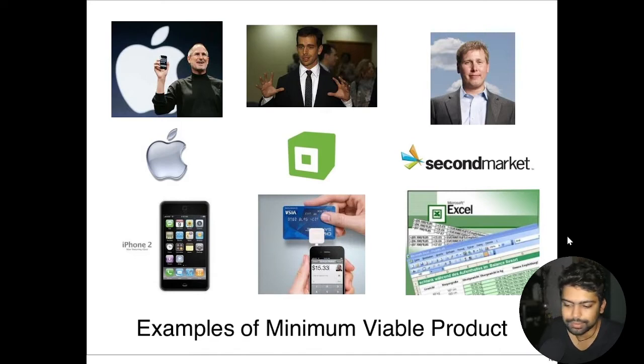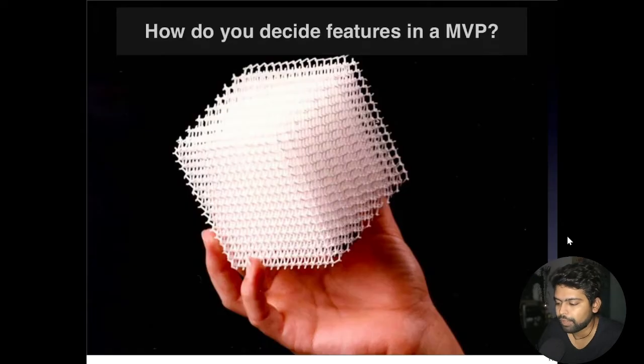And third is Second Market, which was an MVP, basically a platform that tells you about financial decisions. If I'm not wrong, don't quote me on this, but that is what they do. We need to check it better to see what exactly it does. But they started with a very small MVP using Excel sheets, and that was their MVP.